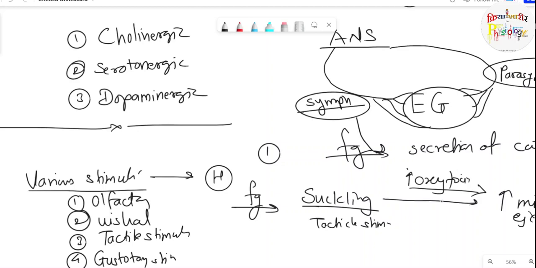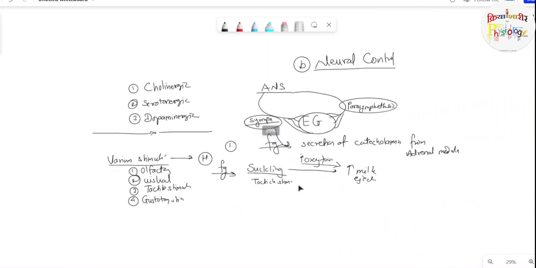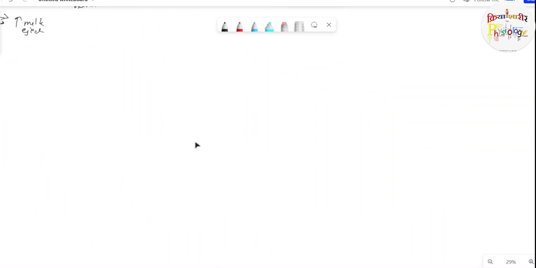So milk ejection due to suckling reflex is under neural control, and the stimulus is tactile, meaning suckling of the nipple by the baby. Next control is rhythmic or chronotropic control.